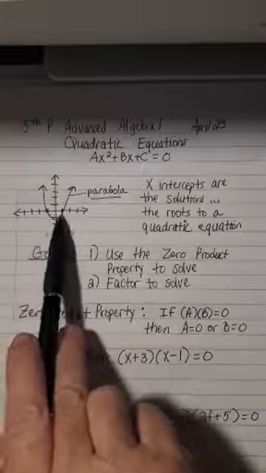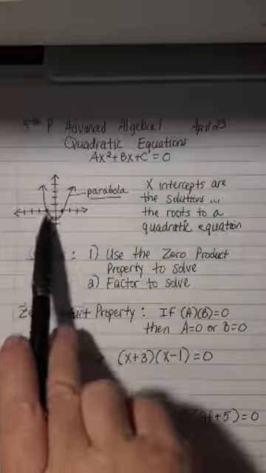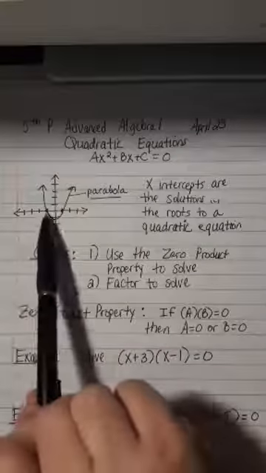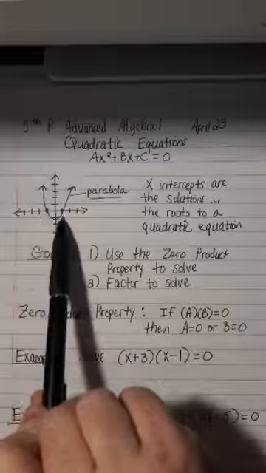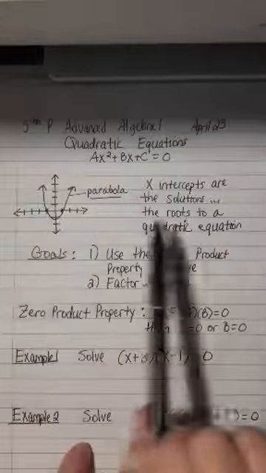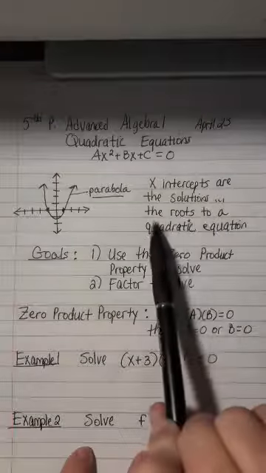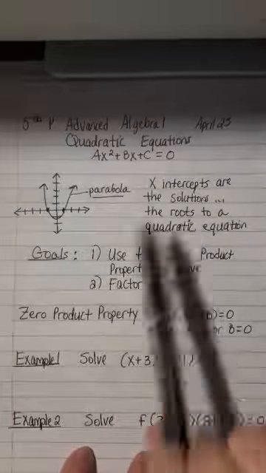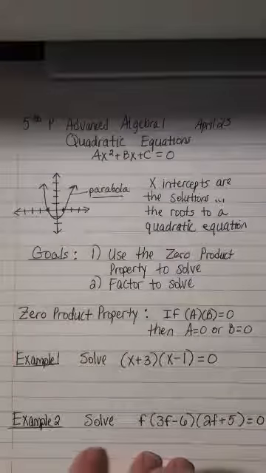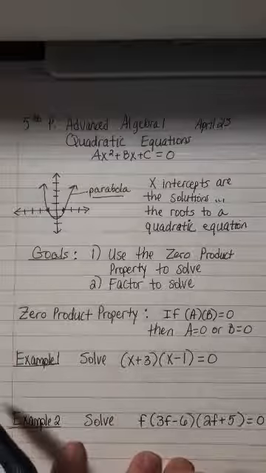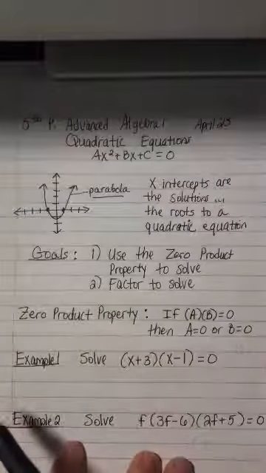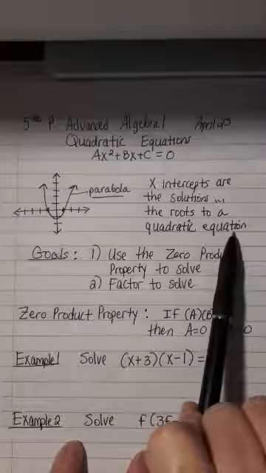Like these 2 points right here would be your x-intercepts. It's very important to be able to find those. Those x-intercepts are the solutions to your equation, also called the roots, and also called the zeros. They have lots of names: roots, solutions, zeros to your quadratic equation.